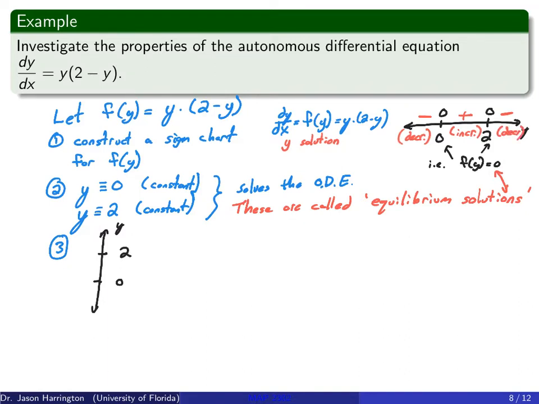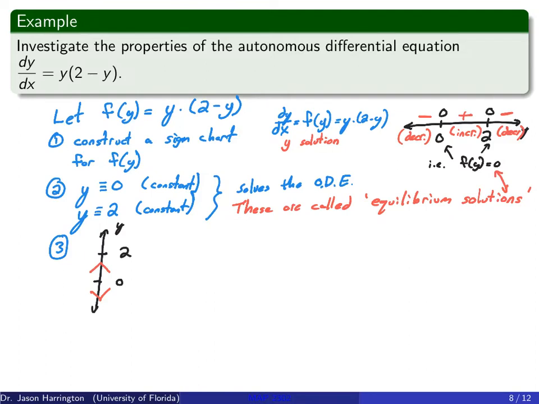All right. Now let's go back and look at this, now that we have it propped up correctly on the y-axis. Everything from negative infinity to 0 is always decreasing, so it's always going down. The slope is going to be negative. From 0 to 2, the slope is positive, it's always increasing.